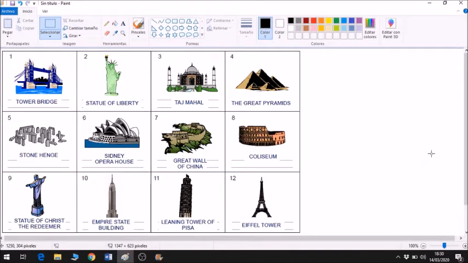Number 6, Australia. Number 7, China. Number 8, Italy. Number 9, Brazil. Number 10, the United States, also in New York City again. Number 11, Pisa, Italy. And number 12, in France. So, how many have you had correct?